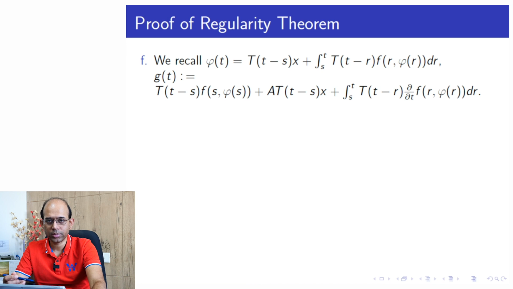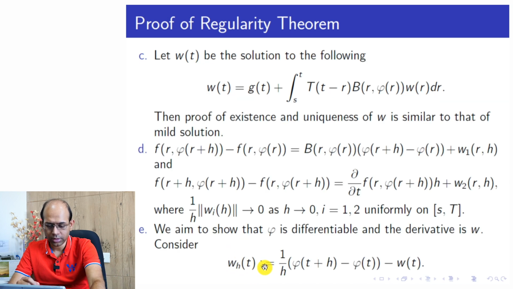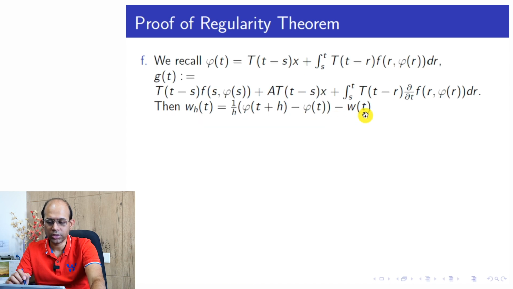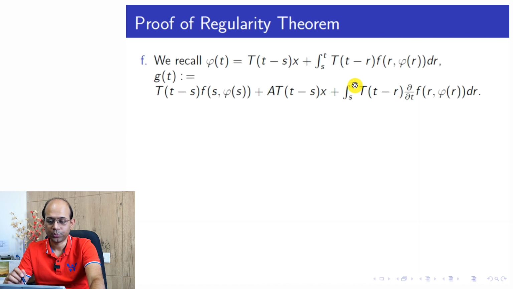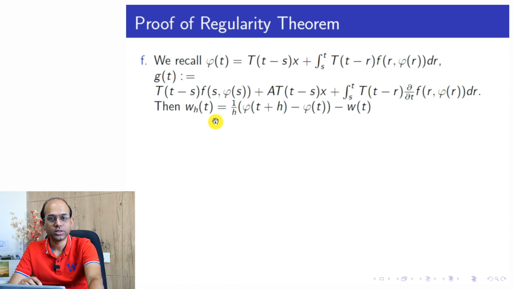And then we also remember the definition of W_h(t), this fraction minus W(t), and W(t) satisfies this thing: W(t) is equal to g(t) plus the integral from s to t of capital T(t-r) b(r, phi(r)) W(r) dr. This is an integral equation which is satisfied by W. So this W appears in the W_h expression, and we would like to show that W_h goes to 0.